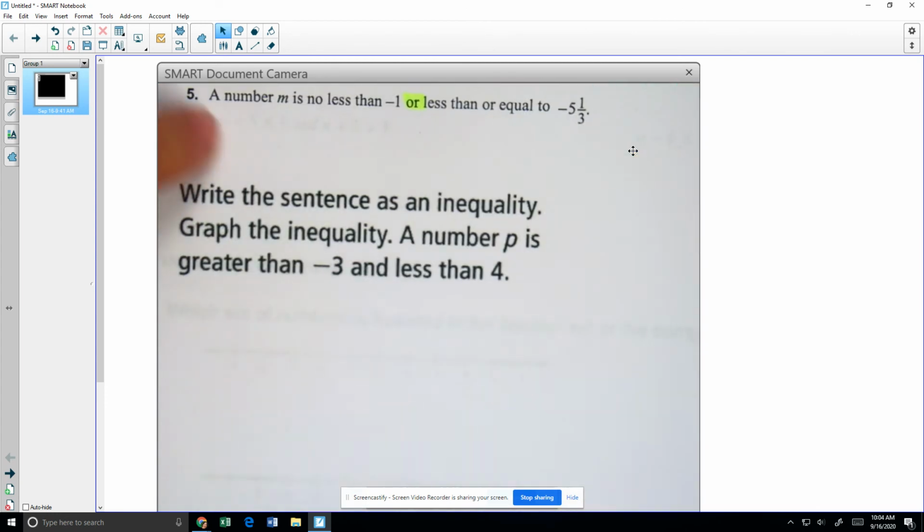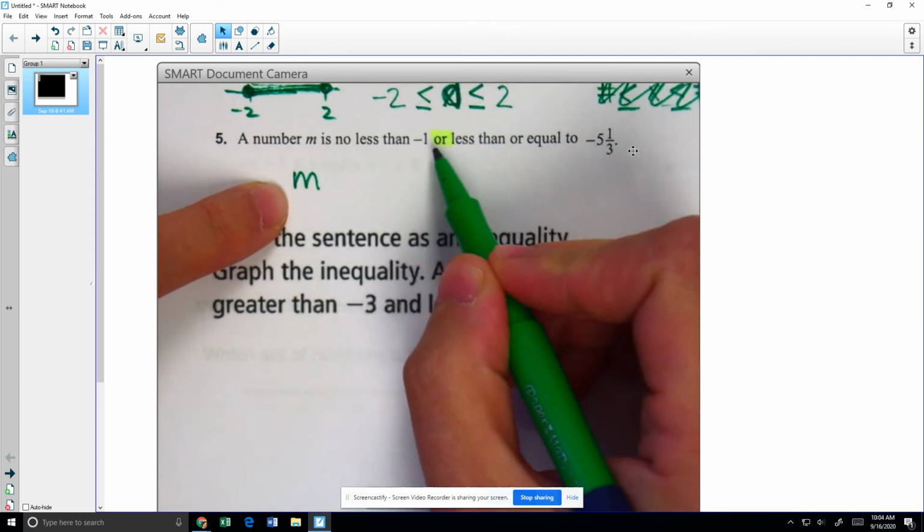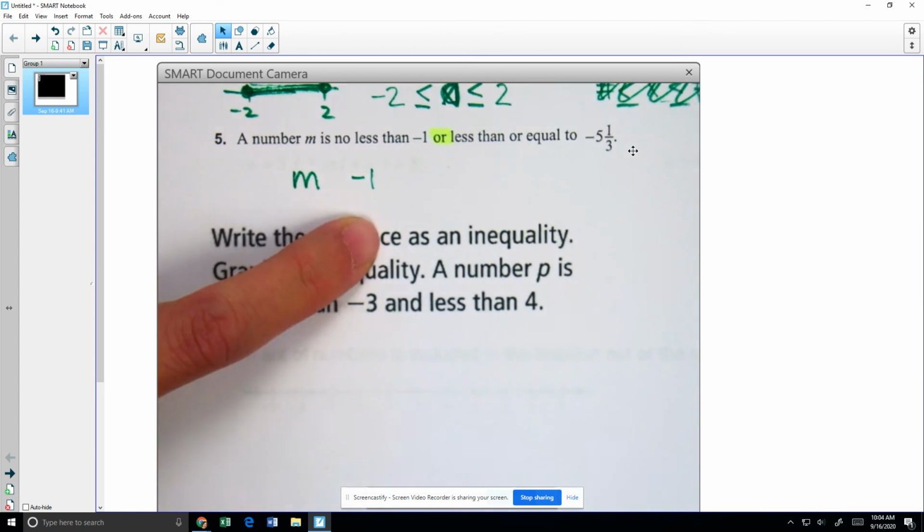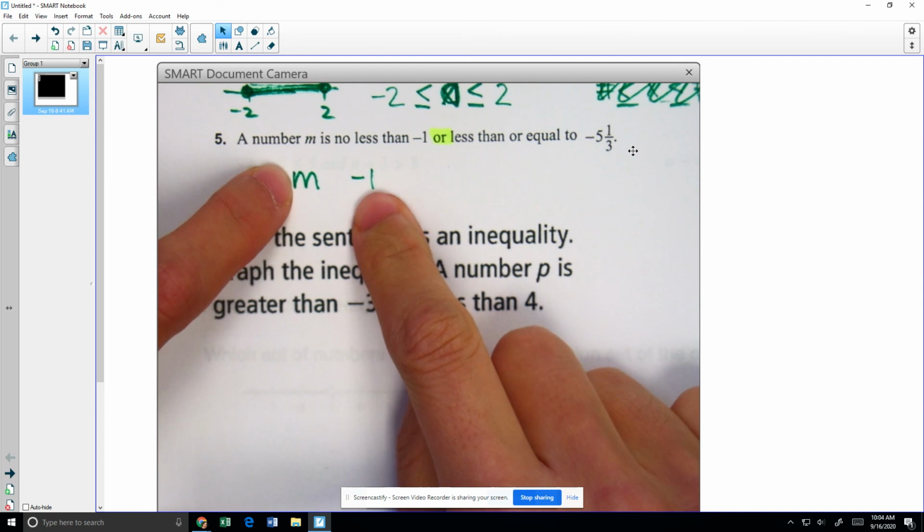So let's do that. So your m, honestly, if you want to write x, that's fine. So is no less than, shoot. Okay, so if you have no less than, let's just say you have no less than this many dollars. Does that mean you're greater than or equal to or less than or equal to?